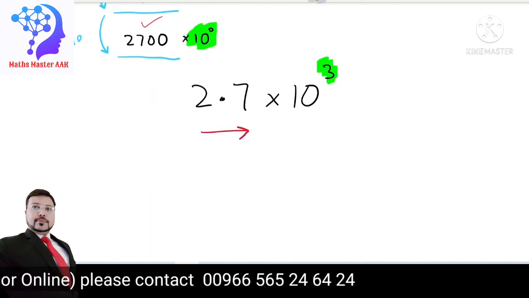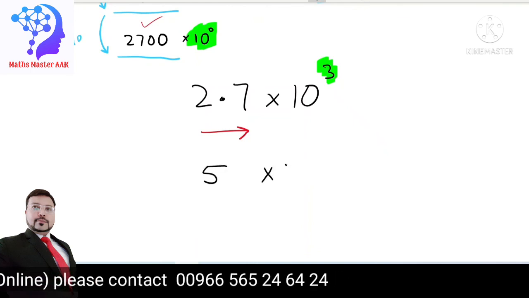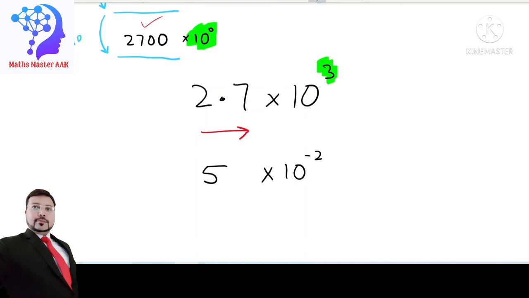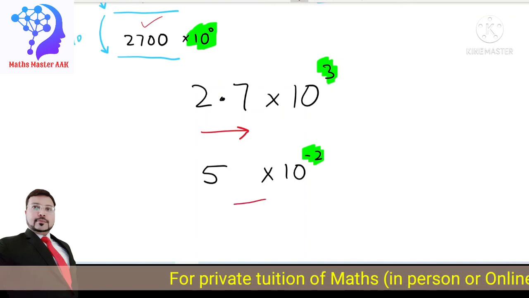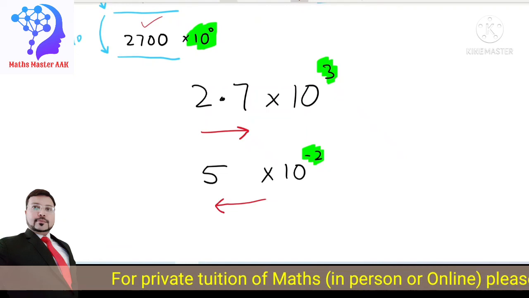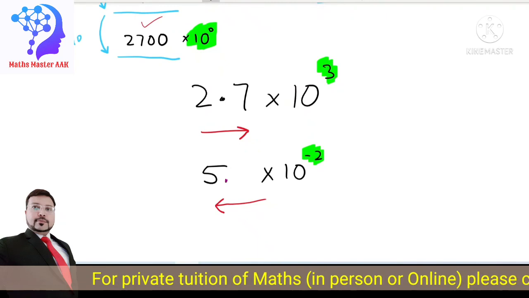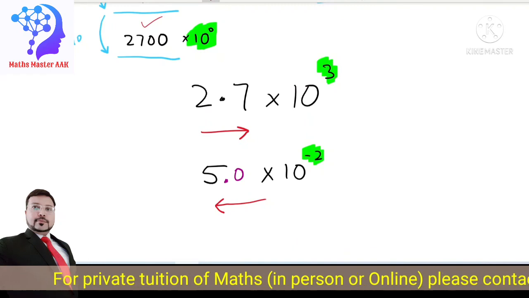If you have a number 5 into 10 raised to power minus 2, here you have the power negative. It means the decimal will move towards the left side in this form. And what does this 5 mean? Remember that if 5 is written, it means the decimal is here. It looks like 5.0, right?